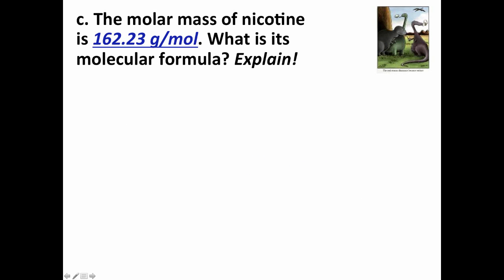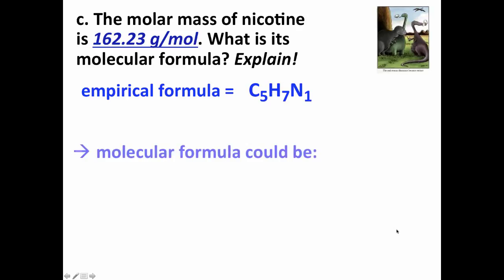Now, as seen before, we can determine molecular formulas if we know molar mass. And in this case, we are told that the molar mass of nicotine is 162.23 grams per mole. What's the molecular formula? Well, the empirical is C5H7N1.